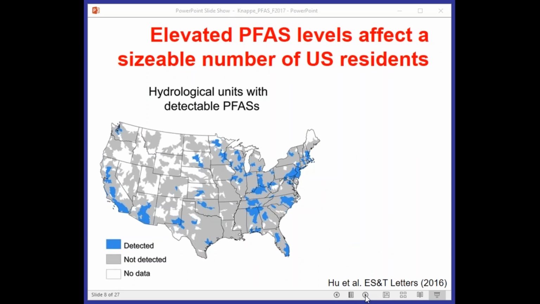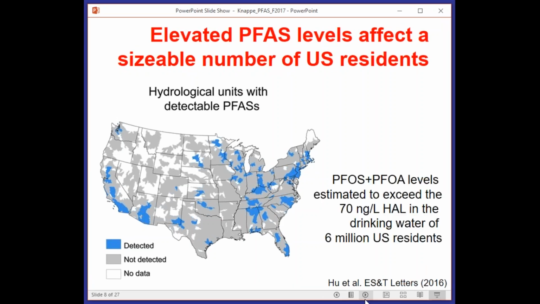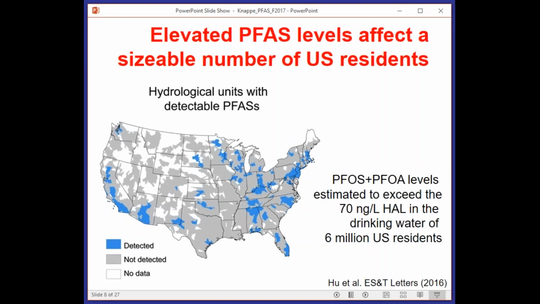In this slide, I'm showing a map that was published in a 2016 ES&T Letters paper. And in blue are regions in the country where the PFOS and PFOA levels exceed the 70 nanogram per liter health advisory level.